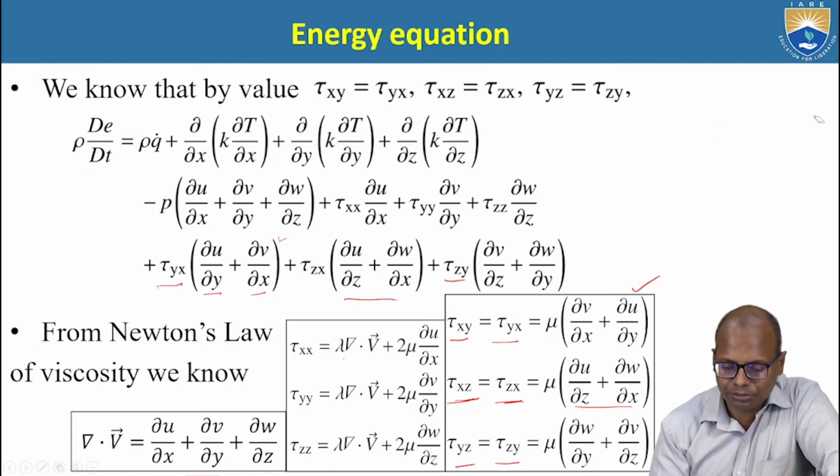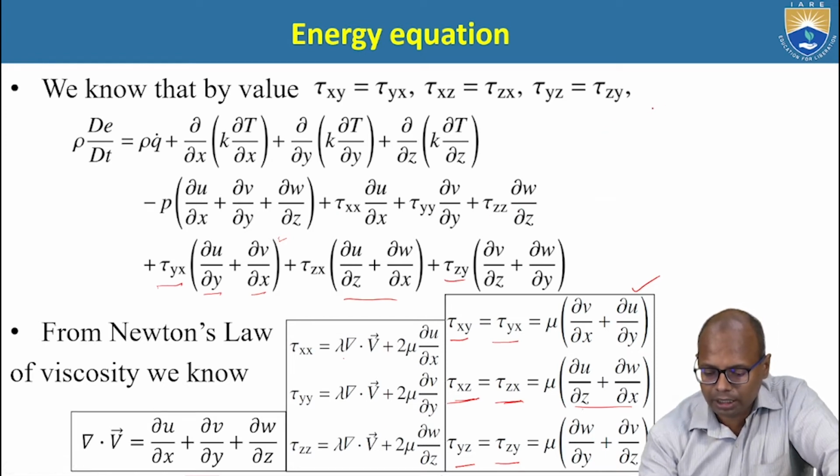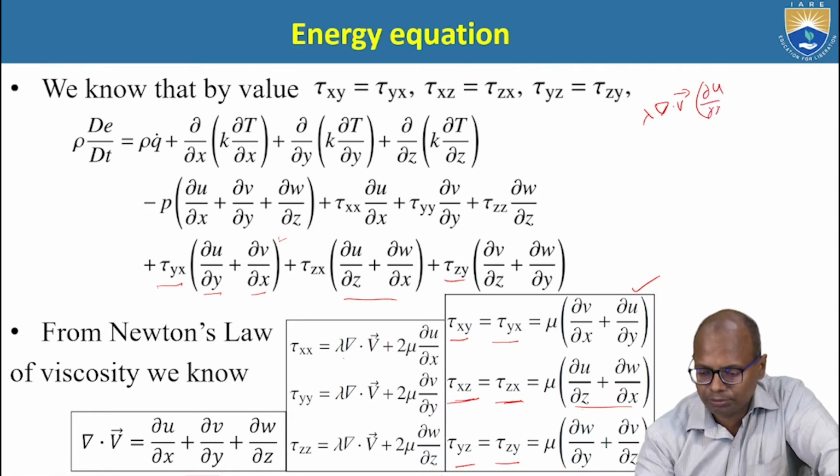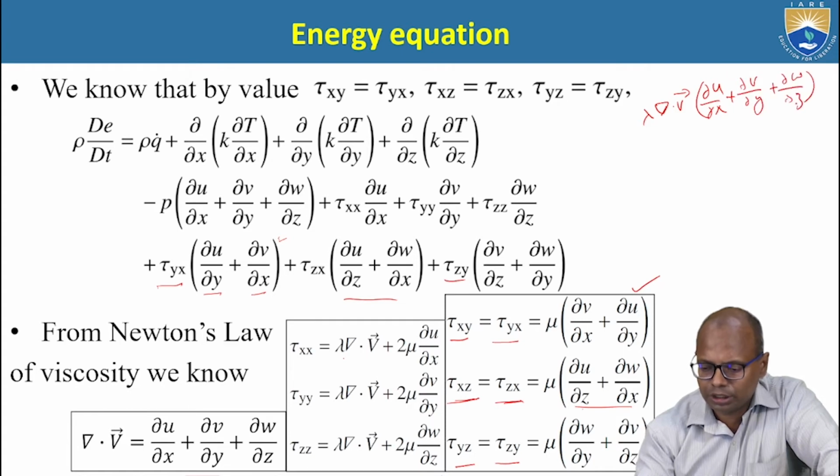What are the two terms? One is with del dot v bar. Here in all the three cases del dot v bar is same. So I can write lambda into del dot v bar as a common, and I can write dou u by dou x plus dou v by dou y plus dou w by dou z.